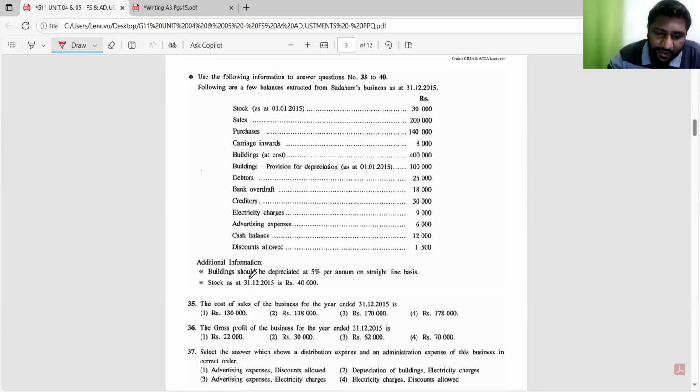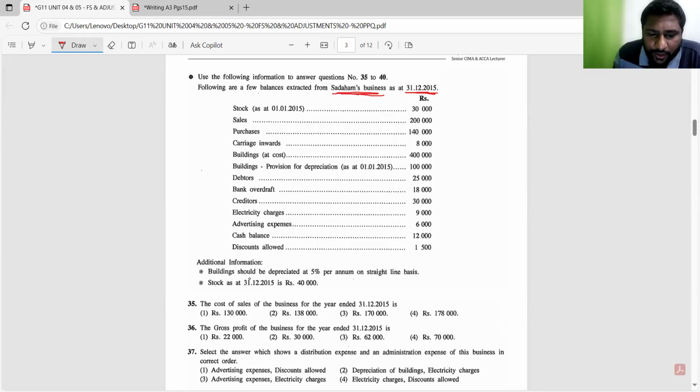Following are the certain balances extracted from Saddam's business as at 31st December 2015.